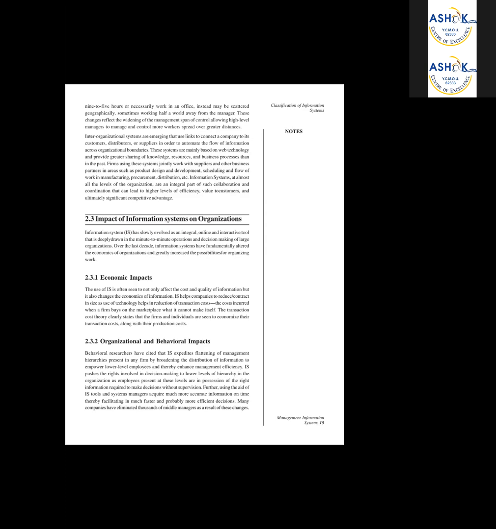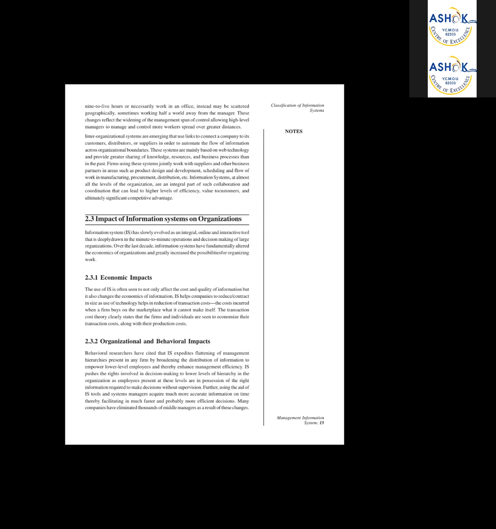Behavioral research has cited that information systems flatten management hierarchy by broadening the distribution of information to empower lower level employees and thereby enhance management efficiency. Information systems push decision making rights to lower levels of the hierarchy in the organization, as employees at these levels are in the position of having the information required to make decisions without supervision.